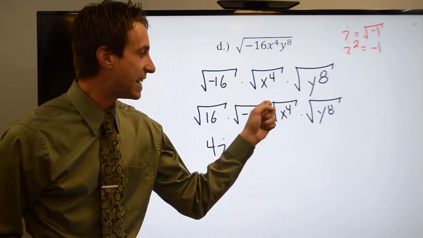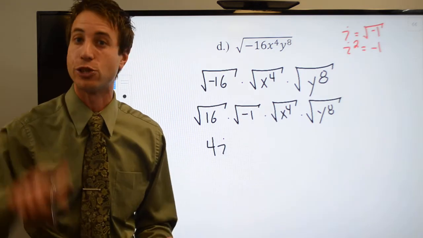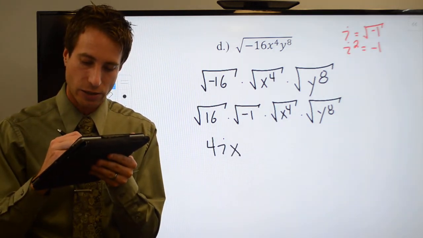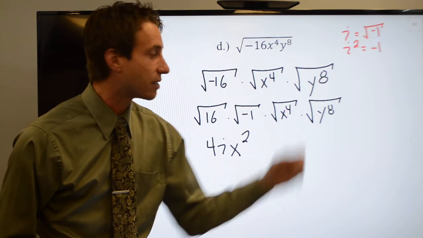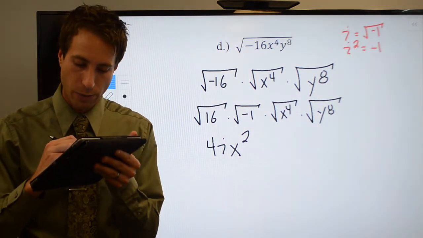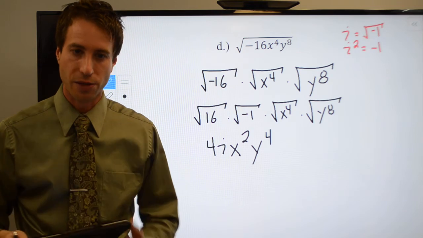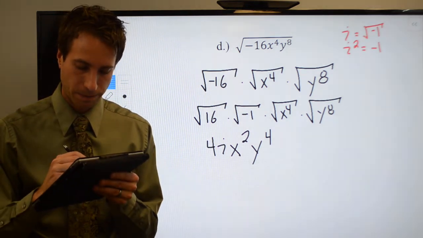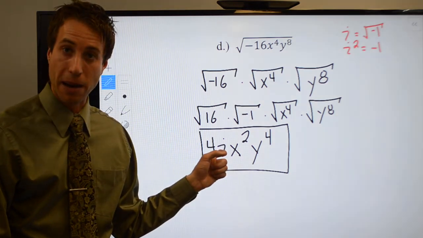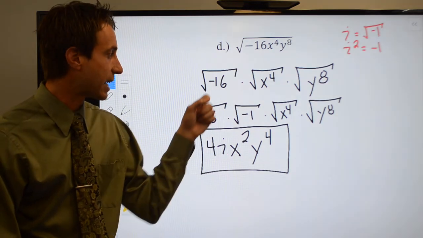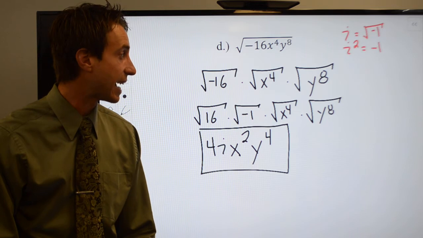Power is 4, index is 2. 4 divided by 2 is 2, so I wind up with x squared. Power is 8, index is 2. 8 divided by 2 is 4, so I wind up with y to the 4th power. Again, it's an imaginary number because I'm taking the square root of a negative number.